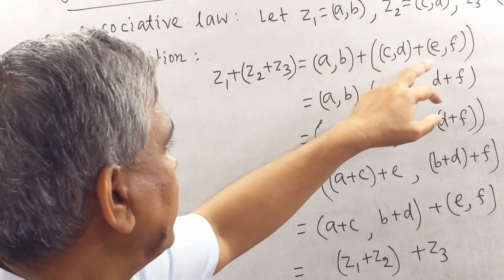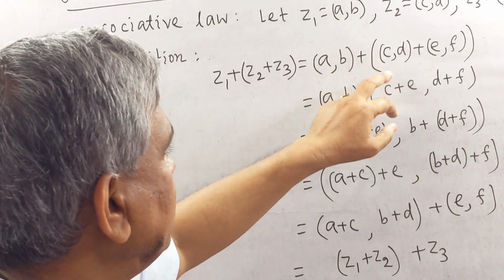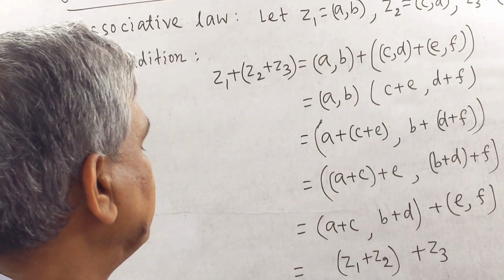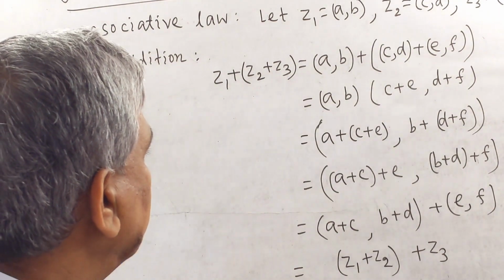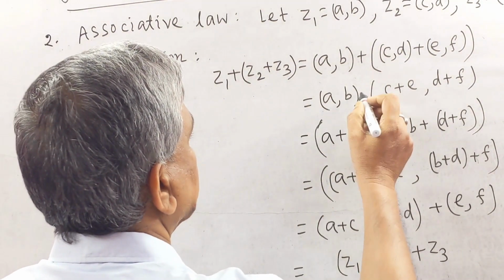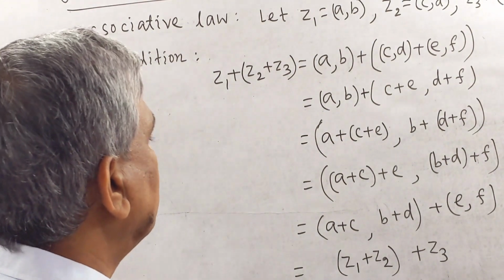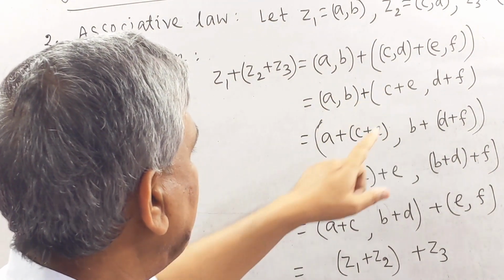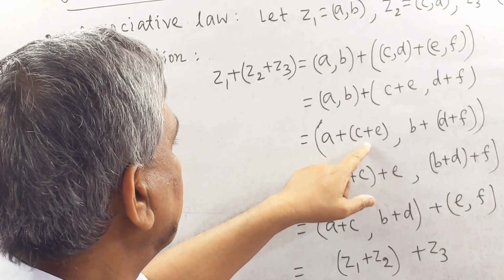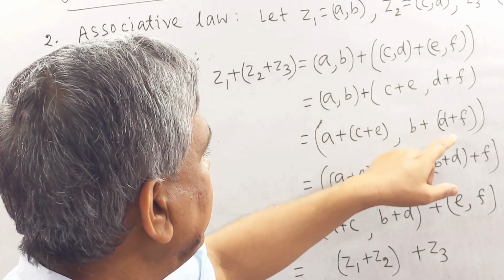Now addition of two ordered pairs here equals (c plus e, d plus f). Now this equals (a plus (c plus e), b plus (d plus f)).